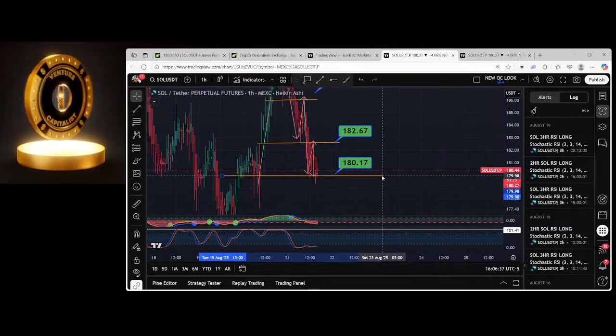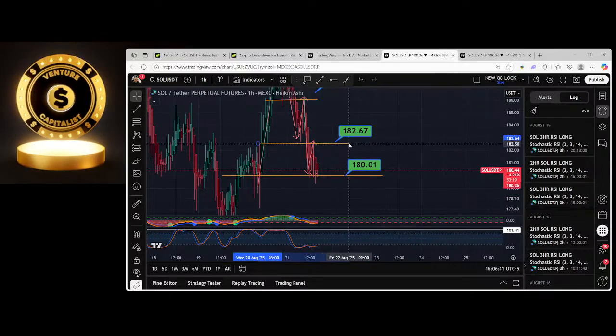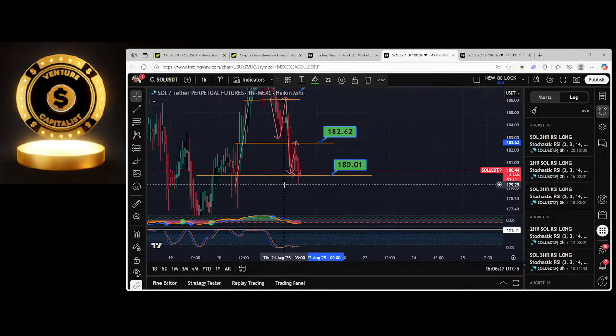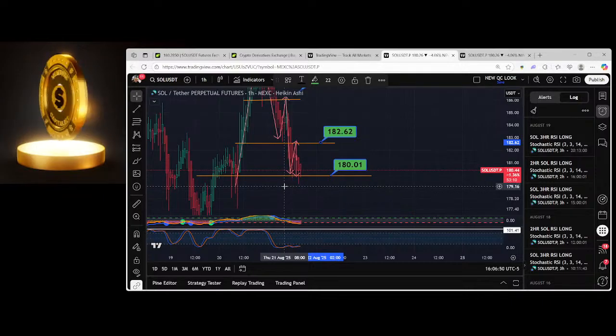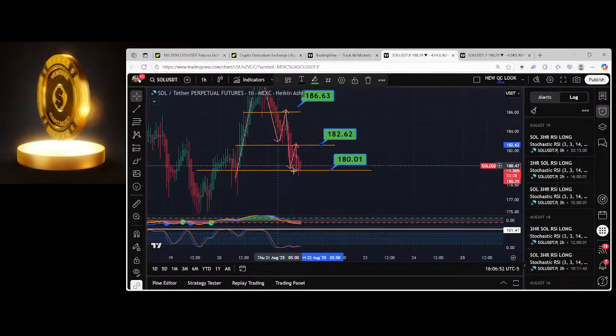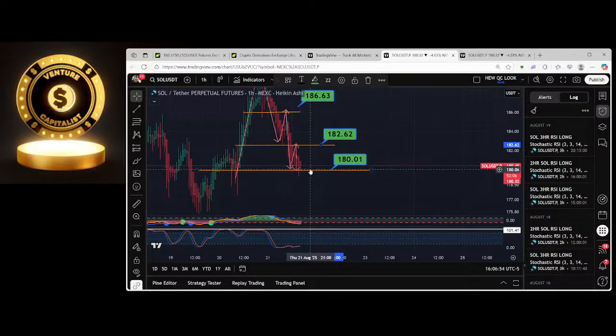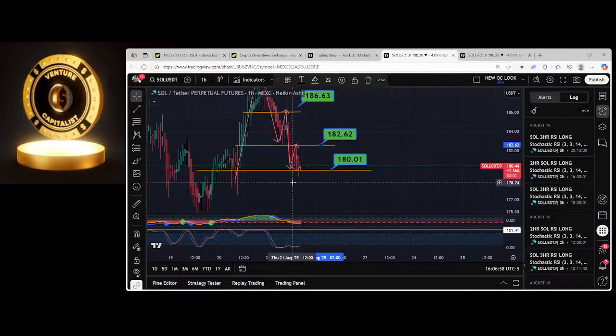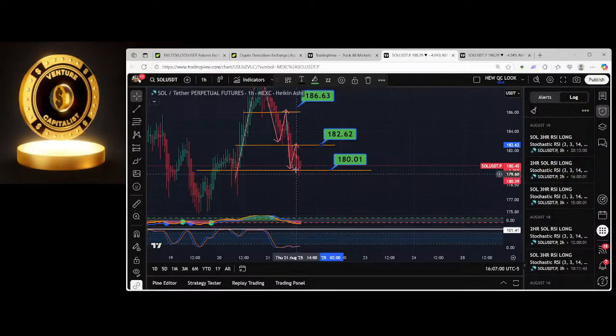So in this position, this is why having the student trade or the 4-hour master trade allows you to get all this turbulence and these crazy wicks.